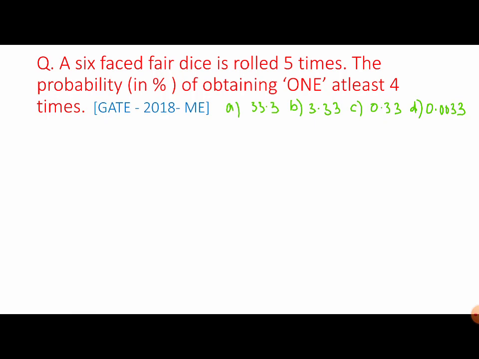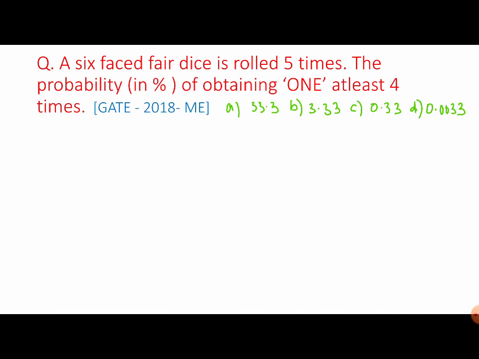So we cannot go with the normal procedure, because when you are rolling it one time, 6 power 1, 2 times 6 power 2, 3 times 6 power 3. Now it is 6 power 5. So many combinations we cannot write down, and it would be a tedious process.